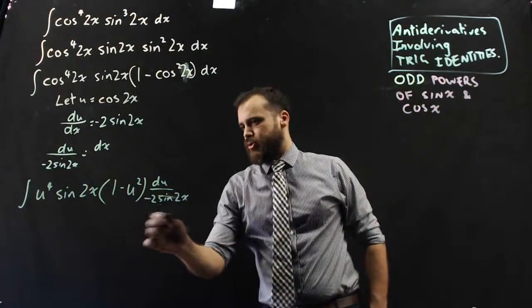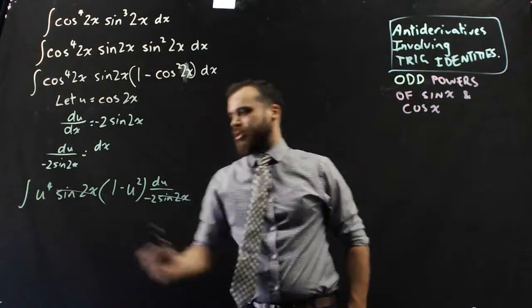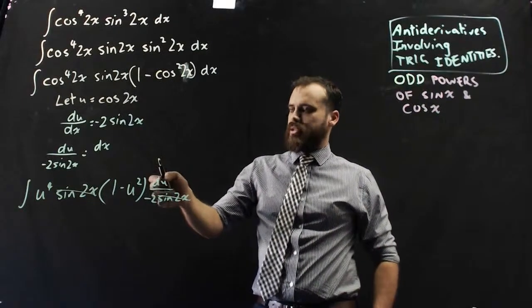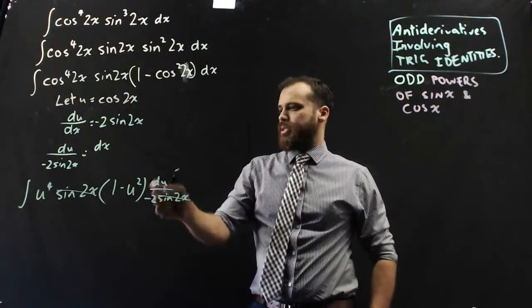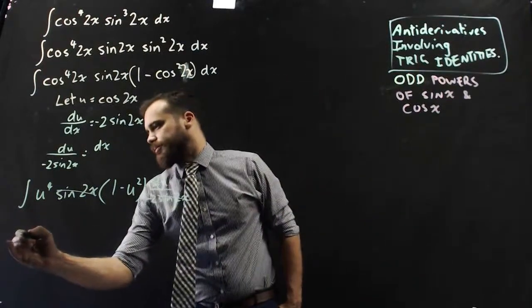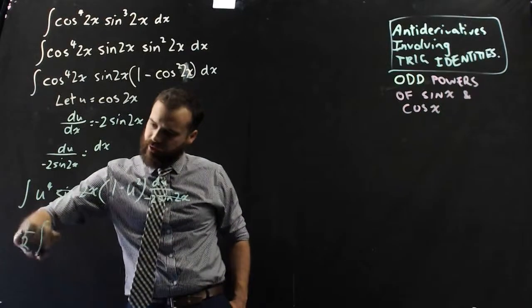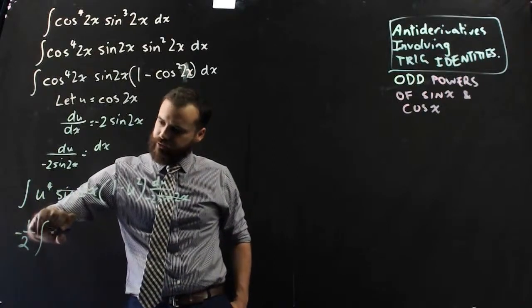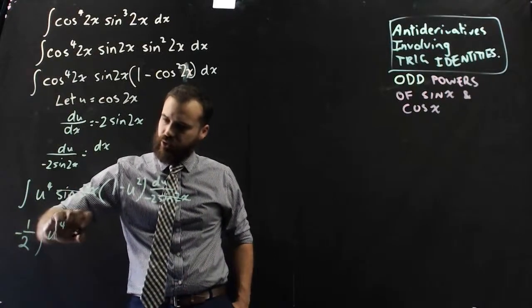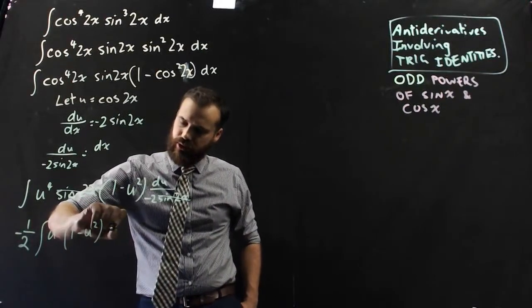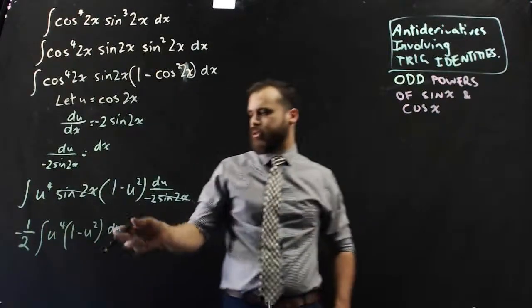Now the sine 2x and the sine 2x are going to cancel out. This negative 2 on the bottom is like negative 1/2, so we can take that negative 1/2 and put it out the front. So now I have negative 1/2 integral of u to the 4 bracket 1 minus u squared, du.